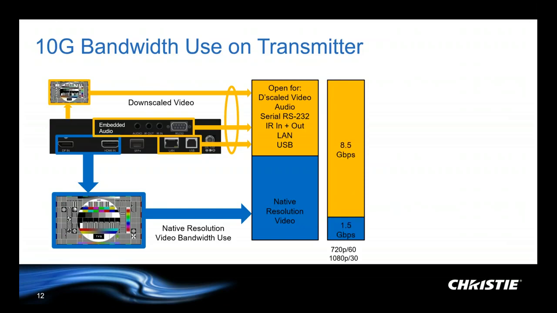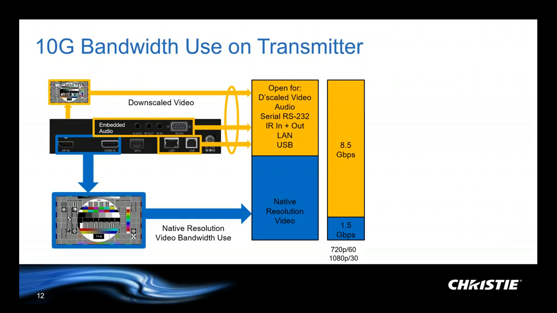If the native resolution of the source going into the TX is like 720p at 60 or 1080p at 30, for example, it's only using up 1.5 gigabytes of bandwidth. This is uncompressed, there's no compression here.